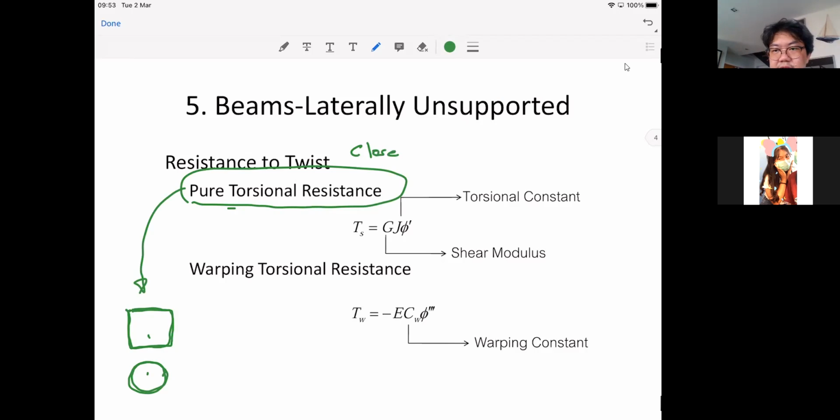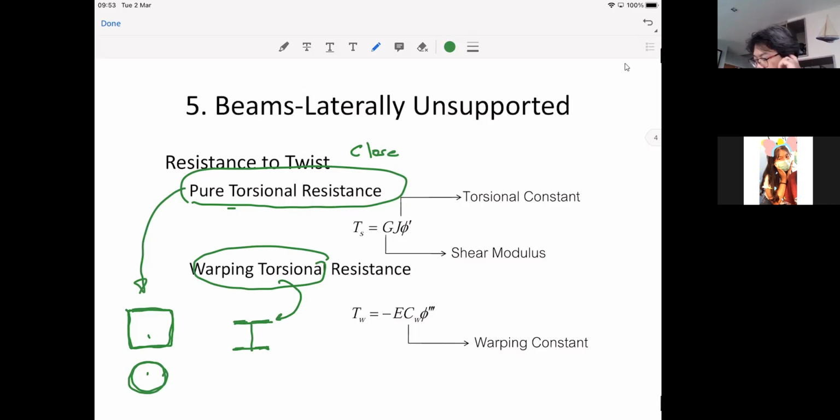But if the section is not closed, particularly the H shape that we generally use, you see there's a part that just stands out like this, which is a flange. So this section is by no means a closed section. It will have another behavior called warping torsion for the flange part. That means when the torsion occurs, if it's a pure torsion, your member will twist only in plane.